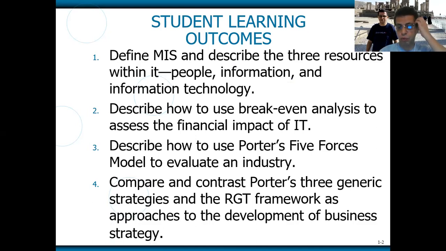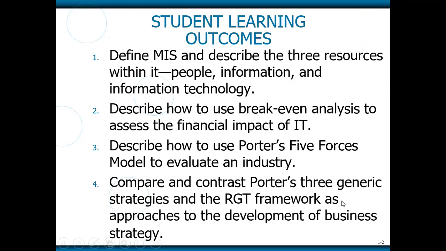Describe how to use the Porter's Five Forces model to evaluate an industry. You can always learn this in marketing and apply it to IT as well. Compare and contrast Porter's three generic strategies and the RG framework as approaches to the development of business strategies.